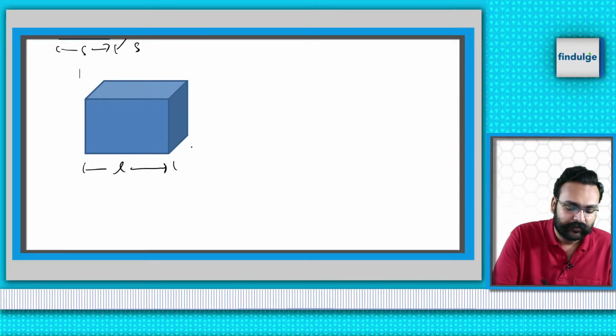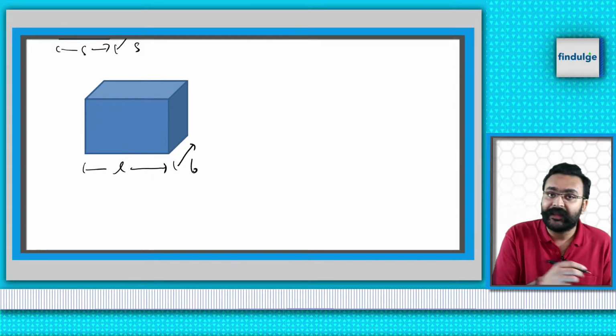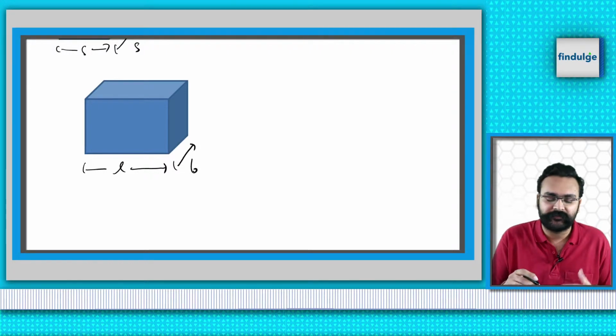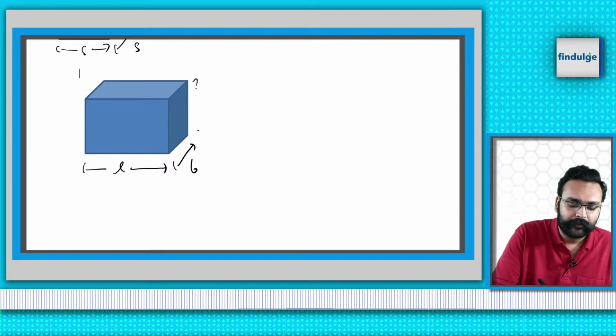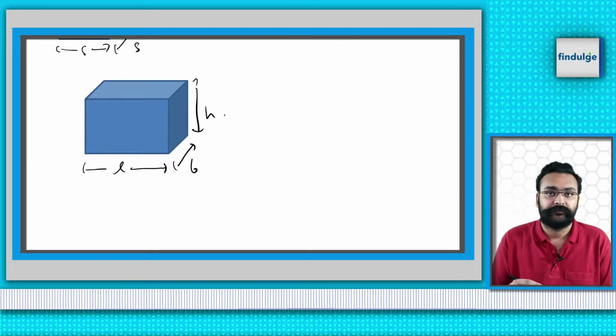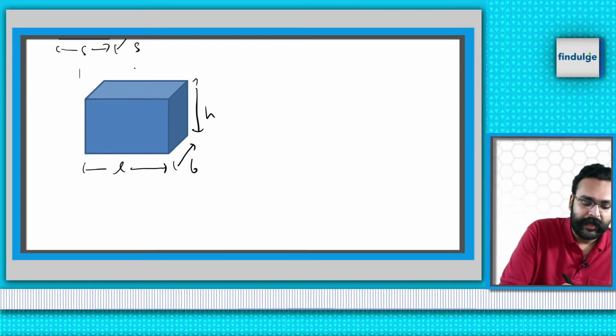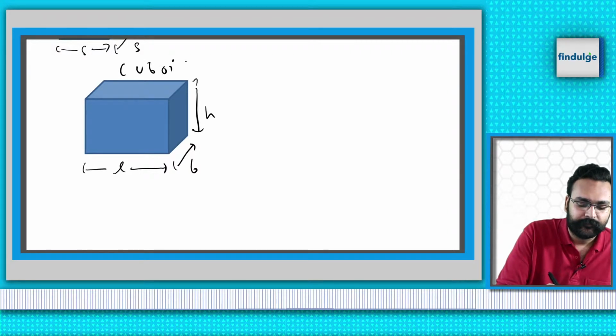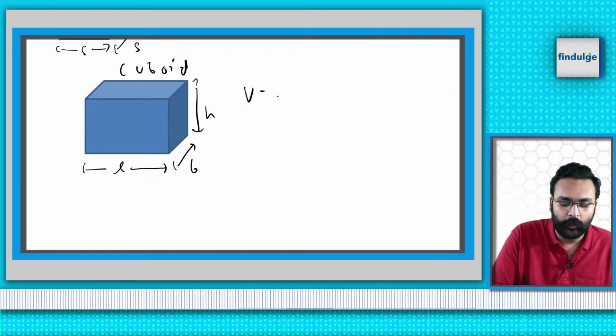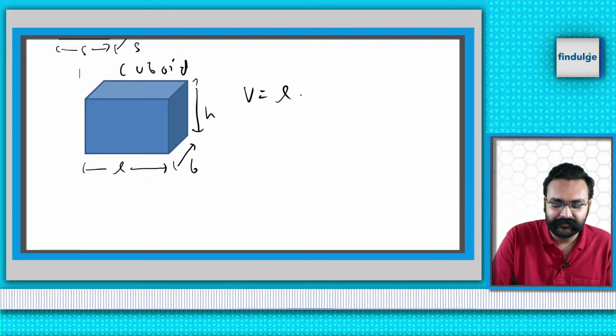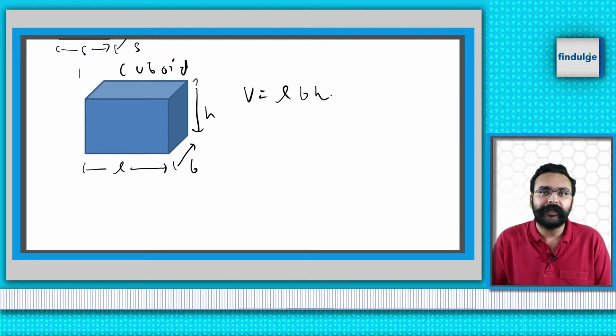The breadth, which is always connected with the length, usually making the base of the figure, and the height of the cuboid. And so once again, the volume of the cuboid is length into breadth into height, or simply LBH.